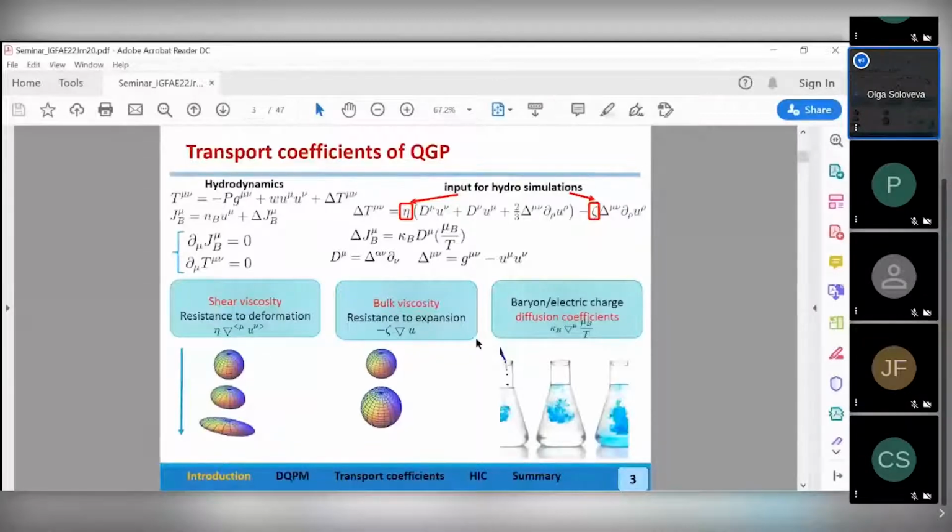So these transport coefficients can quantify the properties of liquids, and it was very surprising when the shear viscosity to entropy density was found to be very small for QGP.